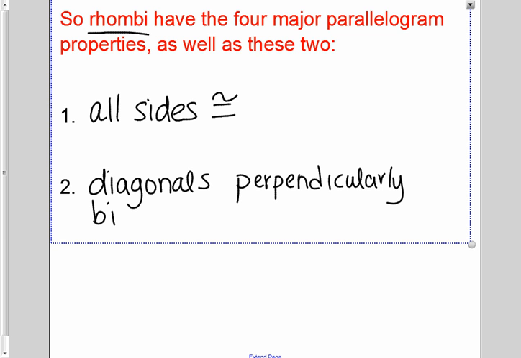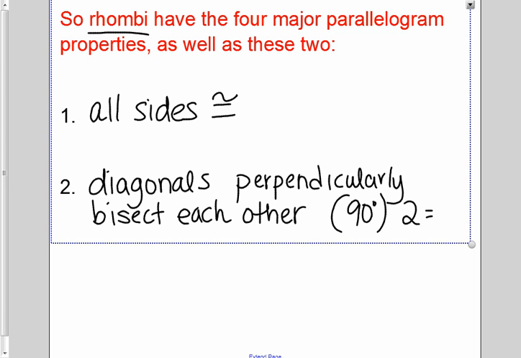So the diagonals are perpendicular bisectors. Not only do they create a 90-degree angle, they also form two equal parts as well, right? Because a perpendicular bisector does both. It cuts it into two equal parts, and it makes it form 90-degree angles.